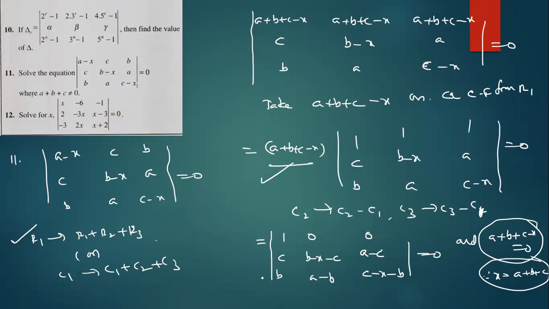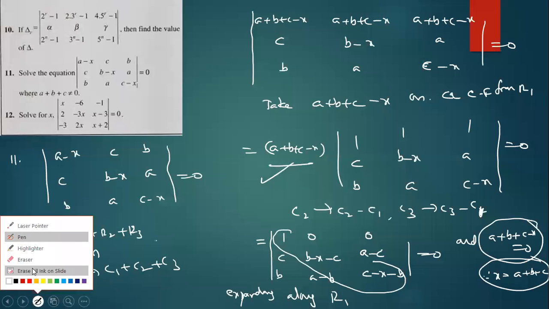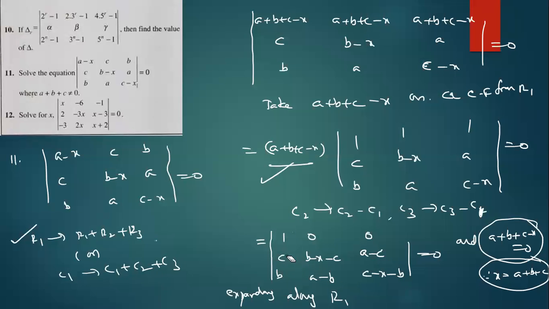Okay. Now expanding along R1. Why? Because that is easy. What the answer is coming? See carefully. I think this is the answer coming. Check it. How much is coming? I don't know. Please write down all of you. Expand. What the answer is coming?